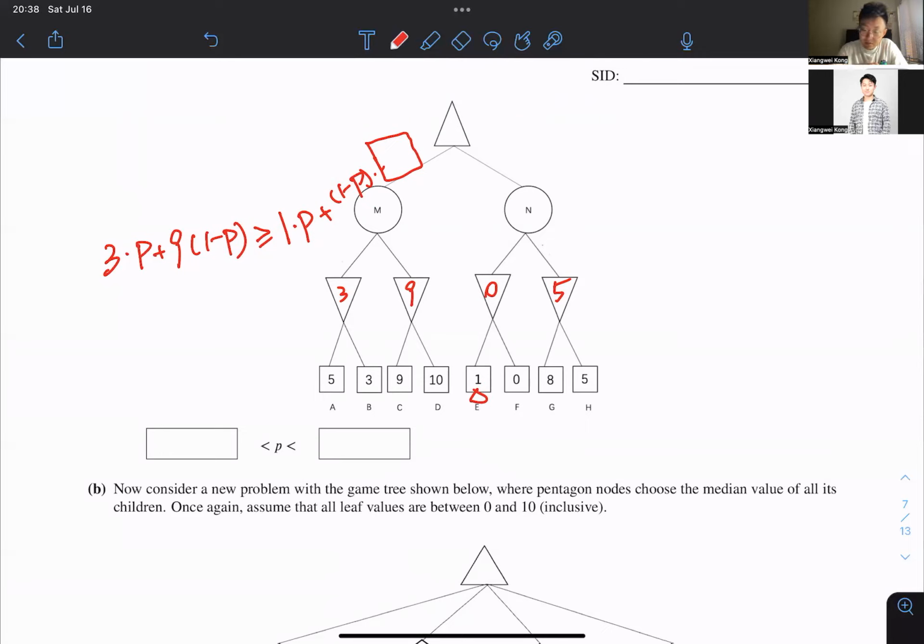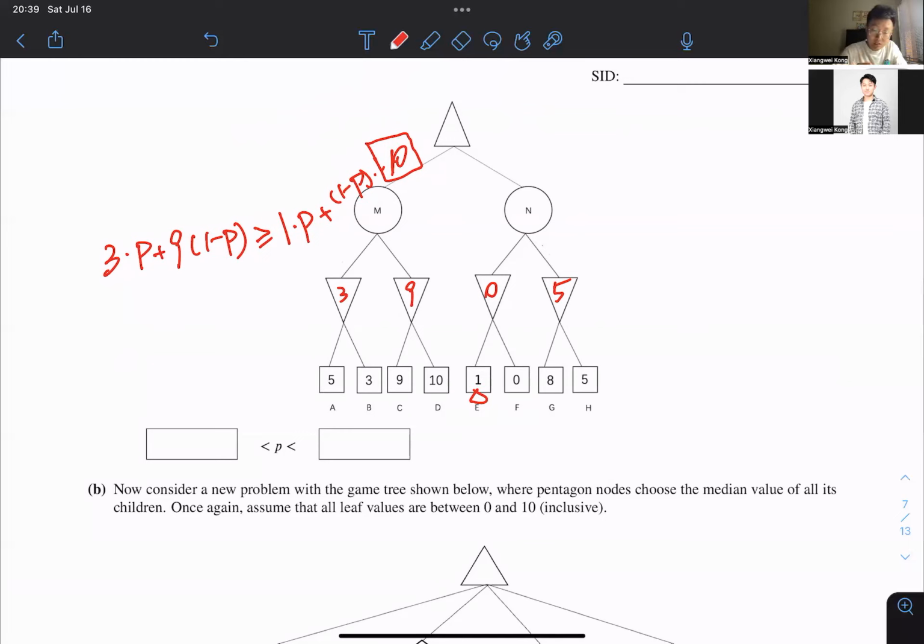Will the minimizer choose that one? So we use 1 times P. And for the second one, we want to make it the maximum value, which is 10. If in this case the left branch is still larger than the right branch, then it is guaranteed that this algorithm will stop when it's pruned.